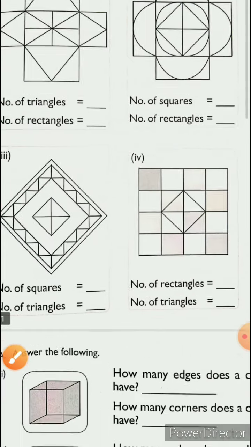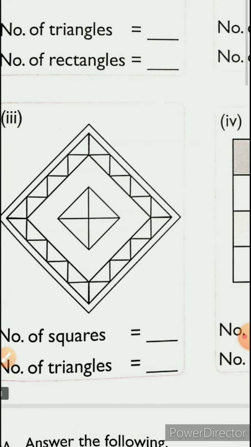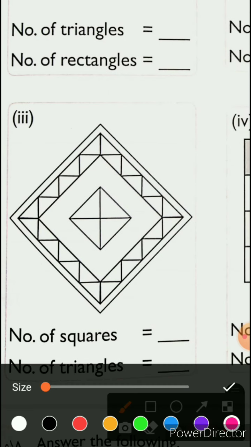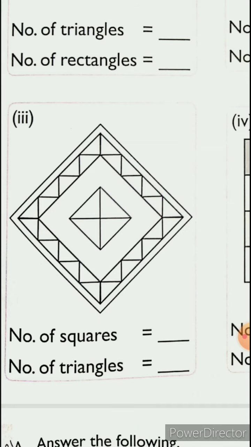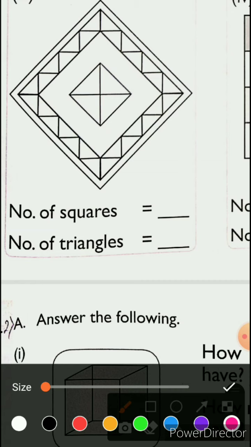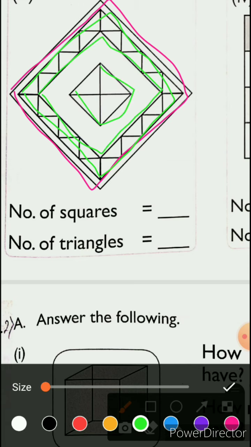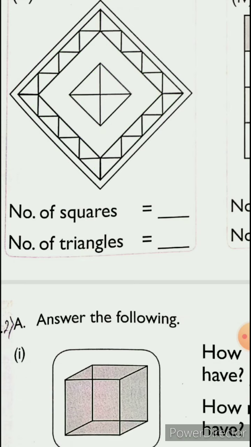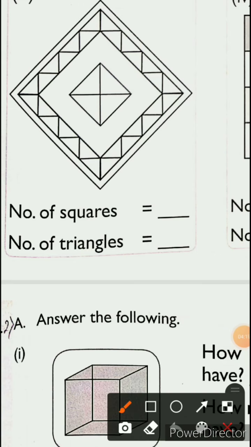Now come to the next shape, and here first we have to count the number of squares. Okay, so that is your first square. Inside that is your second square. Okay, third and fourth. So total here we have 4 squares. Now count the number of triangles.